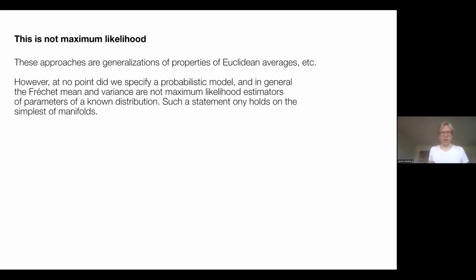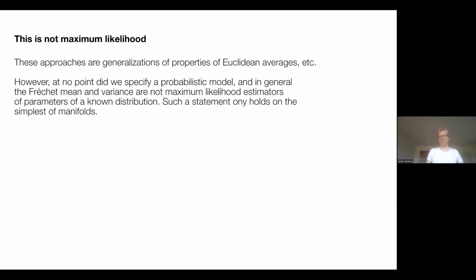Okay, one of the things that really bother me in what I've shown you so far is that the Frechet mean, the Frechet variance, the covariance, whatnot, these are not maximum likelihood estimators under any known model.